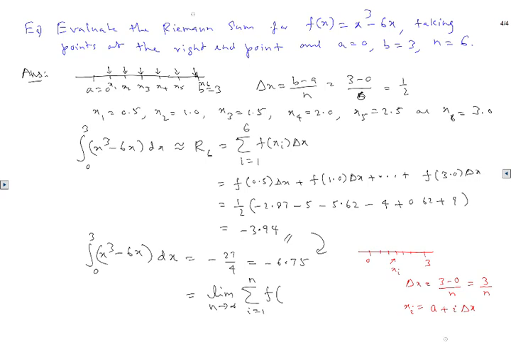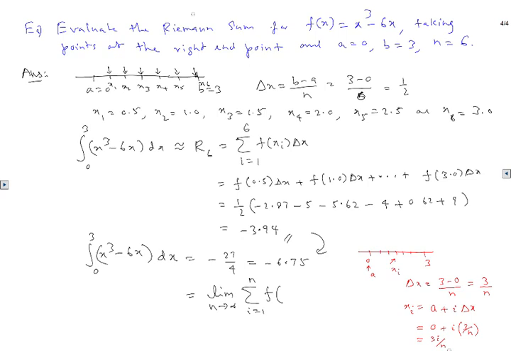What's the first number? 0. That's the first starting value, this is a, plus i many delta x. So i times 3 over n. In other words, 3i over n is the ith one.